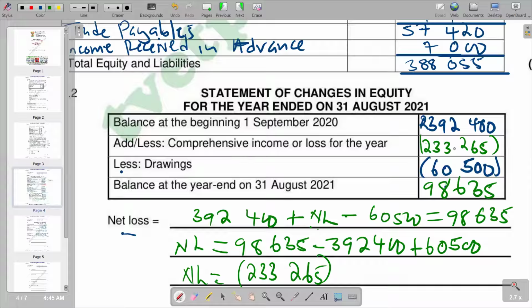So we say minus 233,265 minus 60,500 to get your 98,635. Remember we can just remove this sign of money, and then we are left with 392,400. So this is the final calculation that we have according to the missing figure that we are looking for, net loss.